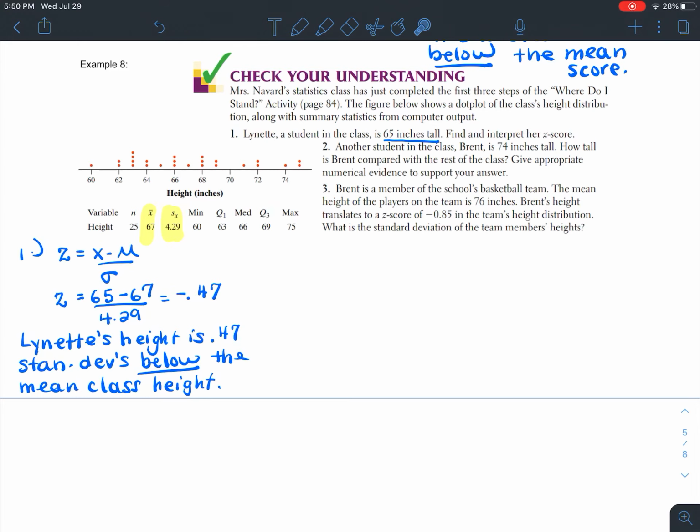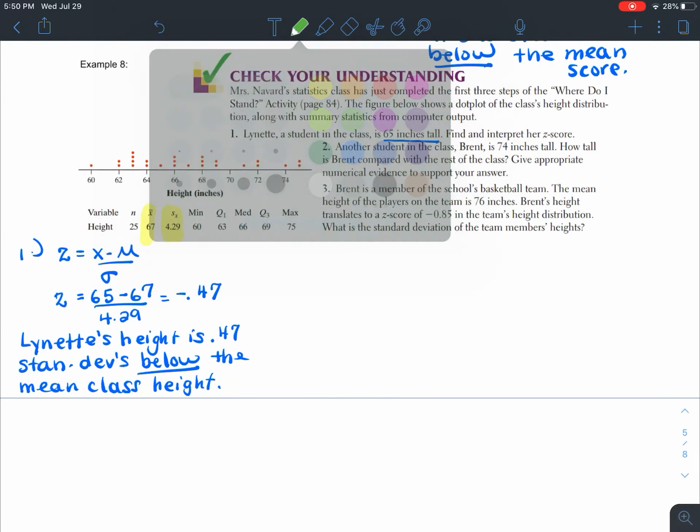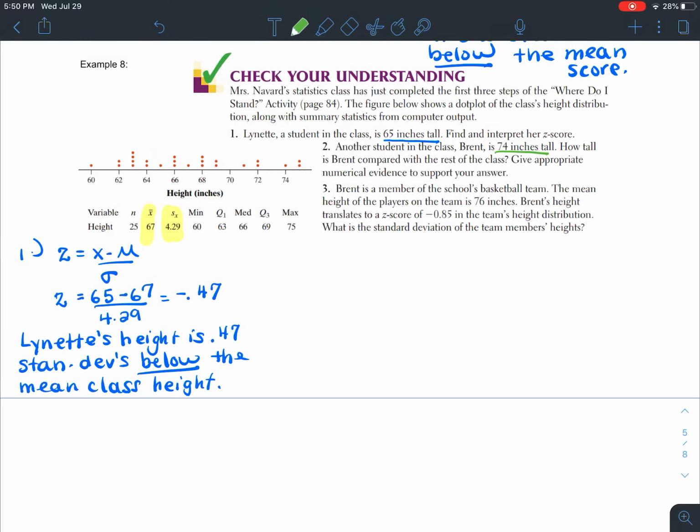Okay, all right, number 2. Another student in the class, Brent, is 74 inches tall. Okay, how tall is Brent compared with the rest of the class? Give appropriate numerical evidence to support that answer. Okay, this is just really asking you to do the same thing we did in number 1 with Lynette. We want to change his height into a z-score so that we can compare if he's above the mean, if he's below the mean, and by how much.